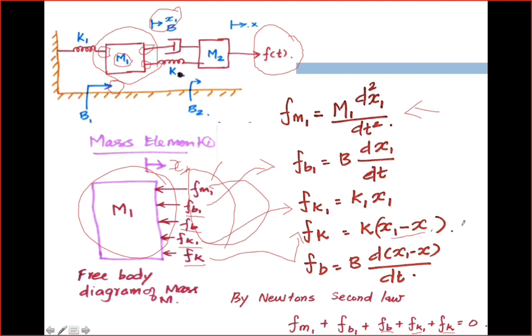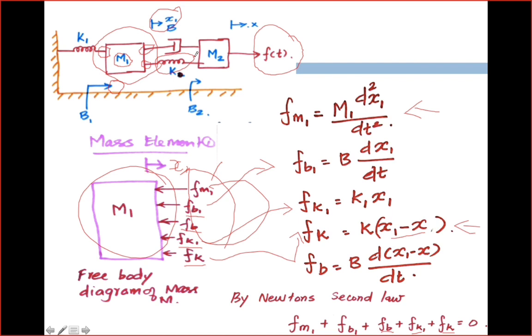x2. Here you have to be very careful in writing this equation. Now, you take the spring K. Spring K is connected in between mass element M1 and M2.